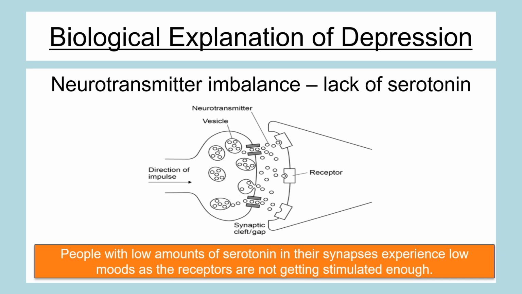But essentially, within that synapse, when the neurotransmitters diffuse out of the vesicles into the synaptic cleft and go over to the receptors, people who have a low number of serotonin or a lack of serotonin, it has been found that these people may be more likely to have depression. So people with low amounts of serotonin in their synapses experience low moods more often, as the receptors in the next neuron are not getting stimulated enough. So this is the basic idea of the biological explanation.